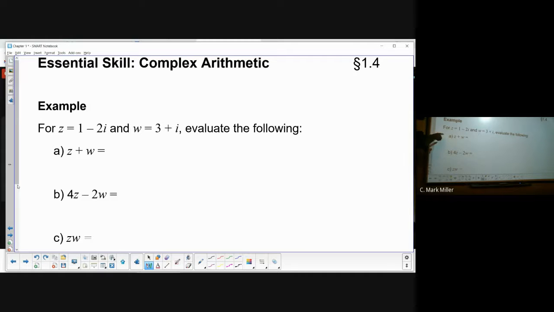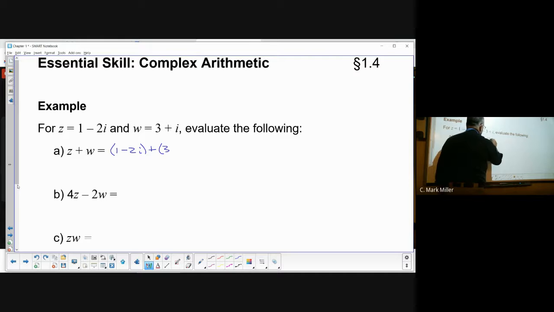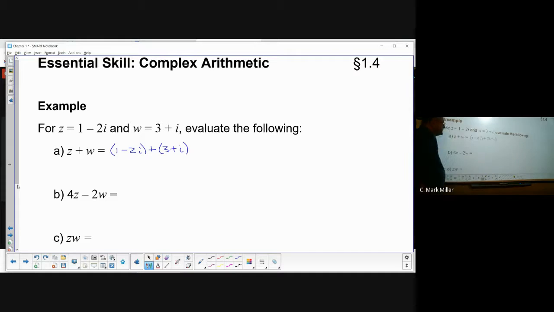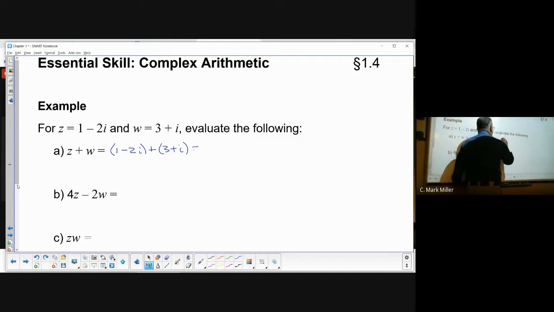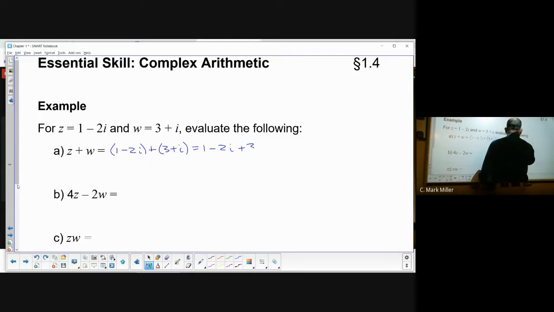So z plus w. Z is 1 minus 2i plus w, 3 plus i. If you want to do this quickly, you just add the real parts and add the imaginary parts. This gives you 1 minus 2i plus 3 plus i.